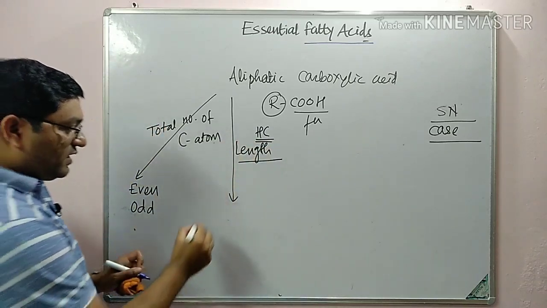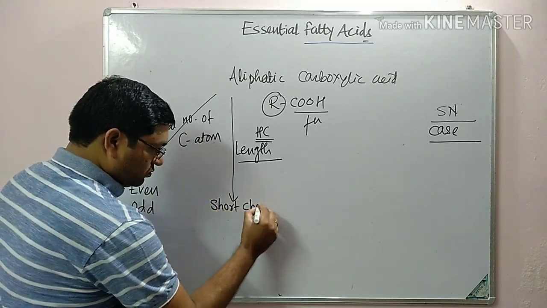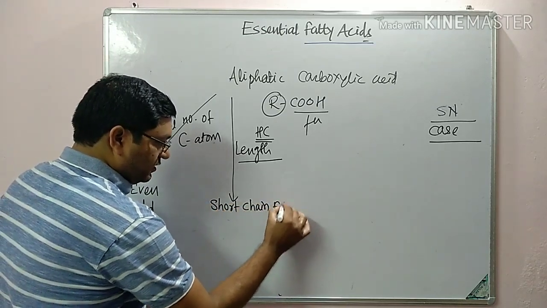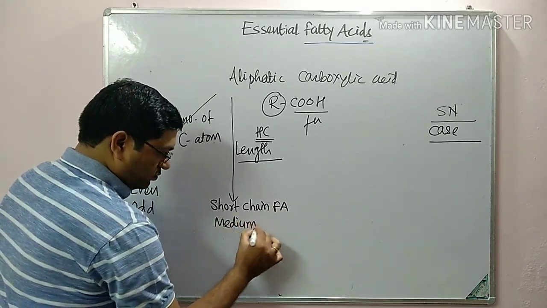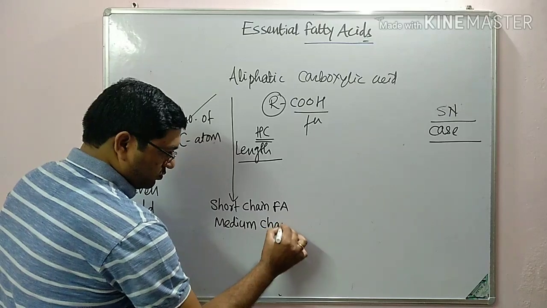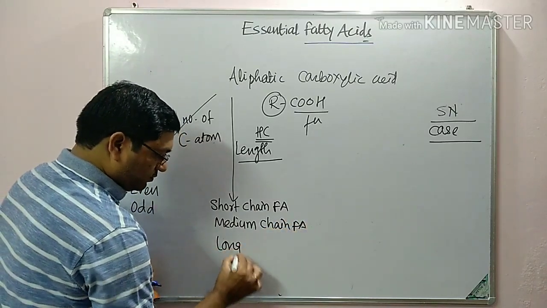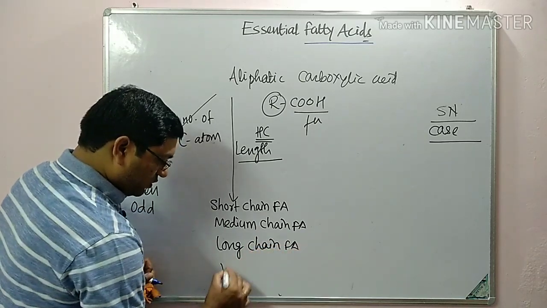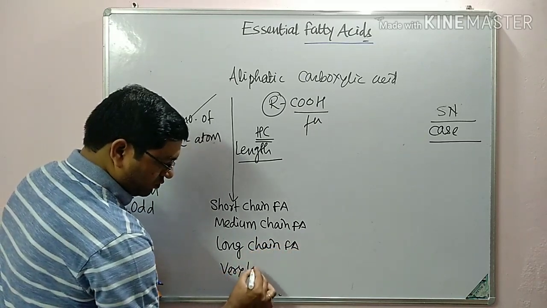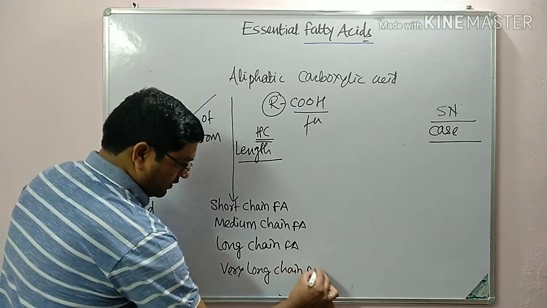Now, depending upon the length of the hydrocarbon chain, they are classified as short chain fatty acids, medium chain, then long chain and very long chain fatty acids.